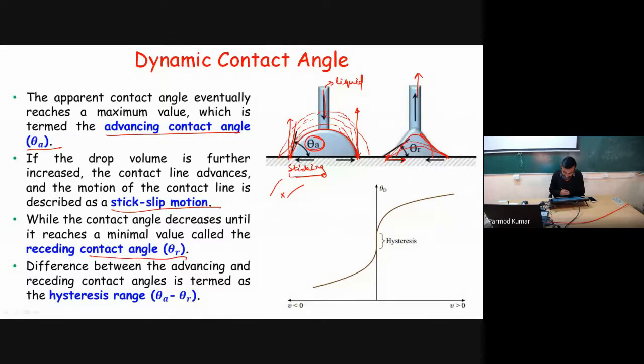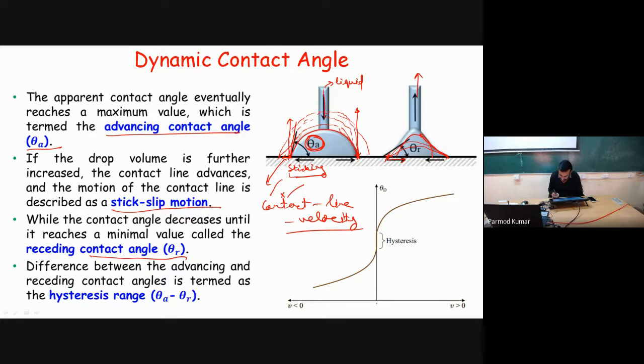In this stick-slip motion, the angle at which the forward or backward movement of the contact line happens is a strong function of the motion of the contact line, that is, the contact line velocity.